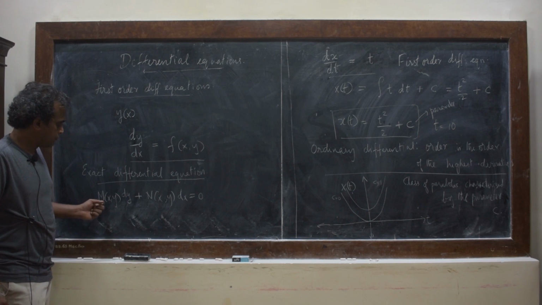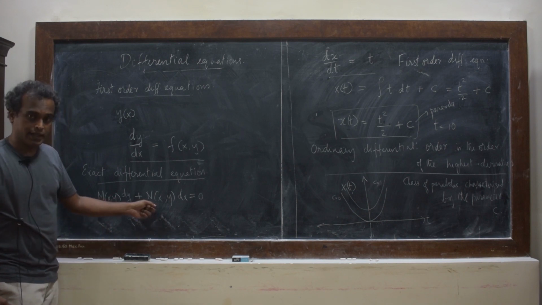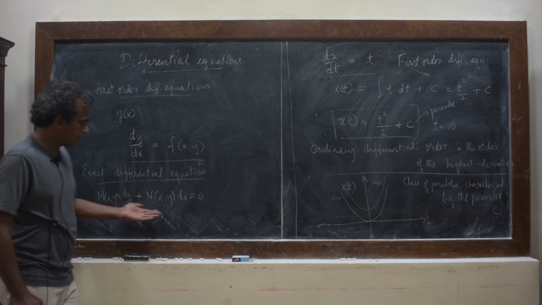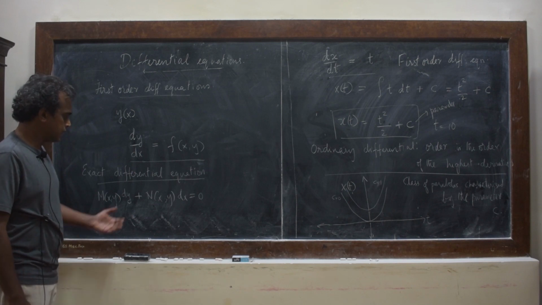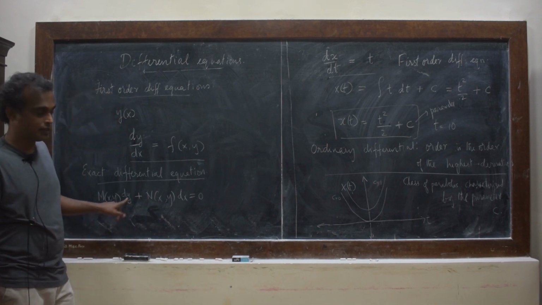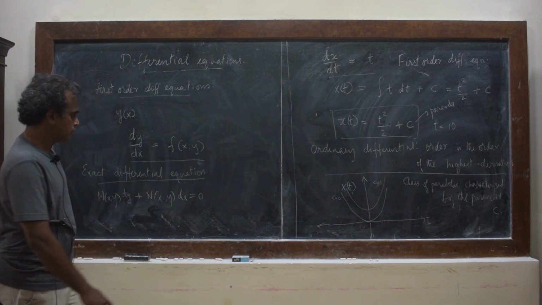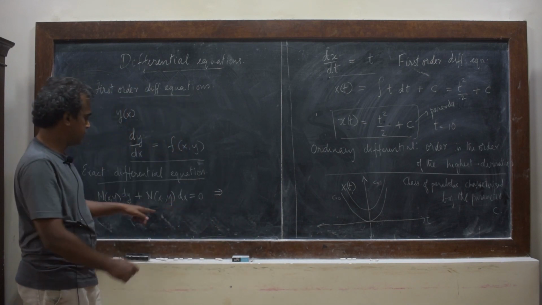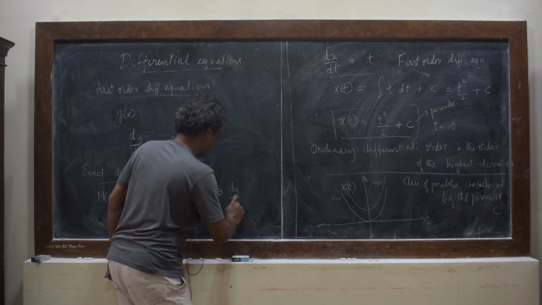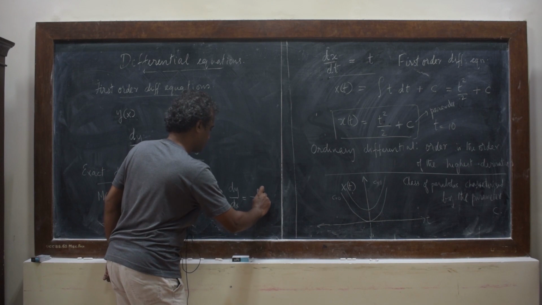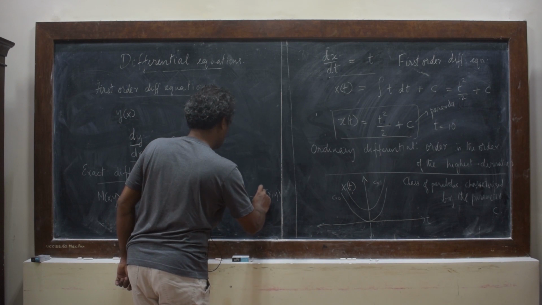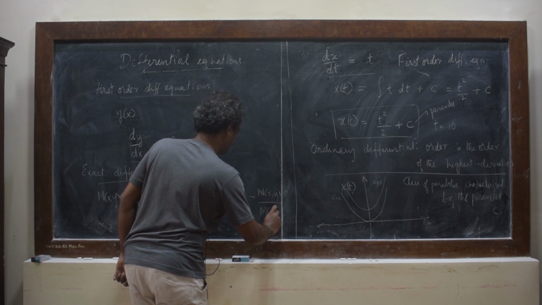As you would see, if I have functions m and n both being functions of x and y, and I write an equation of this form, it is equivalent to writing the derivative of y with respect to x. This can be easily checked by indeed taking one factor to the right hand side and then writing dy by dx as minus m of x comma y over n of x comma y.